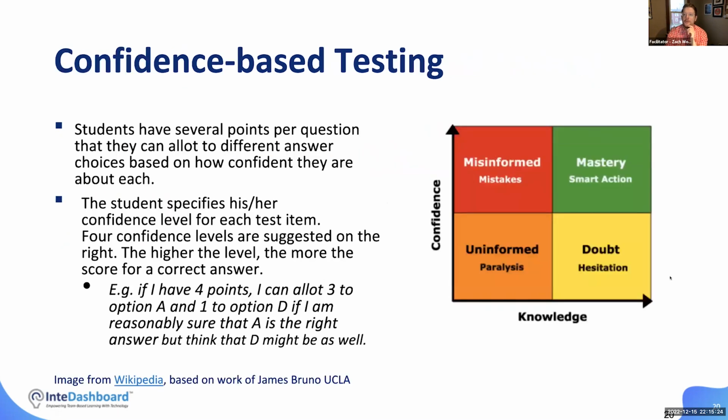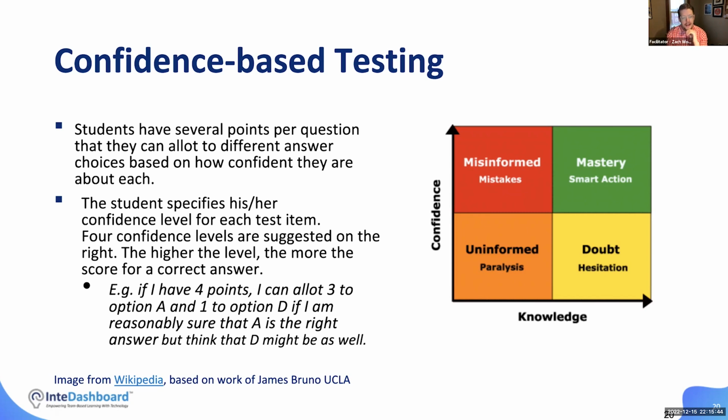A little bit more about that theory is, a student should be able to allocate points or essentially weigh their decision making on different options on that multiple choice quiz.